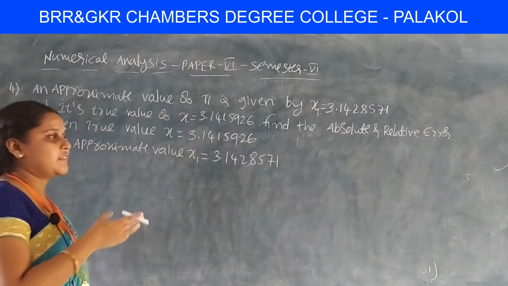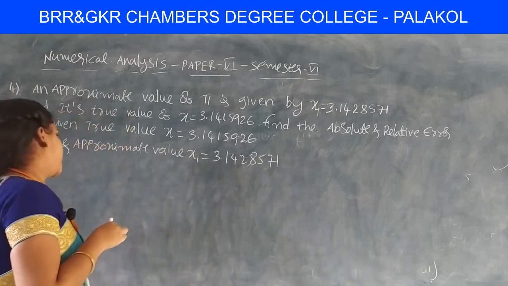What is absolute error? The difference between the true value and approximate value.